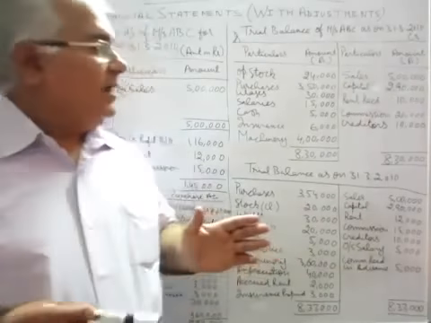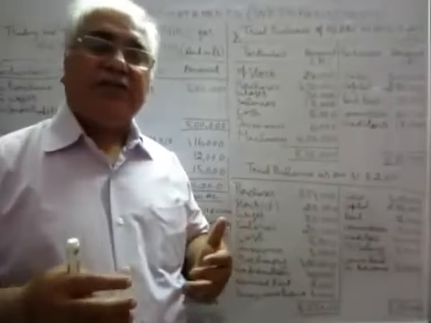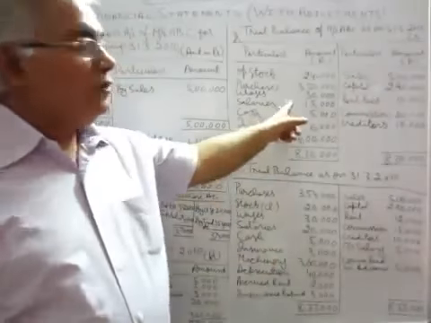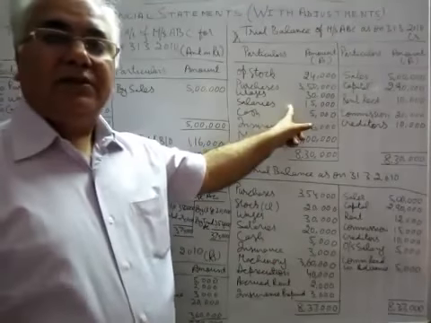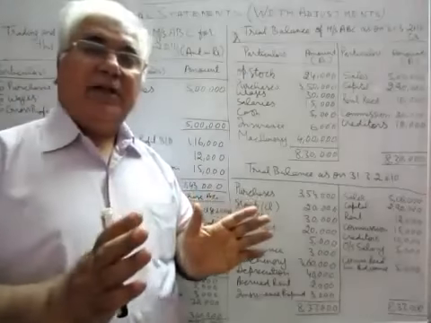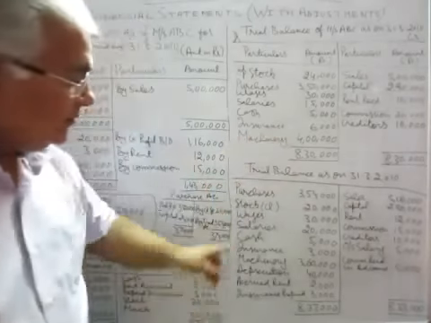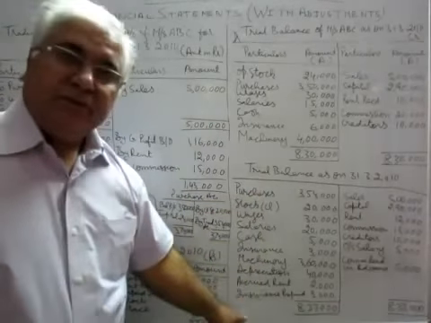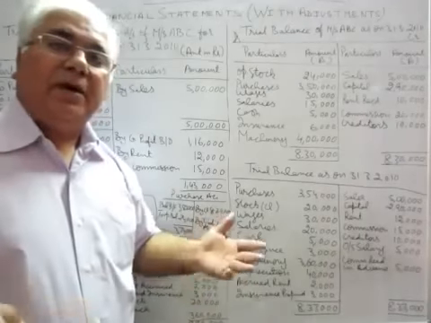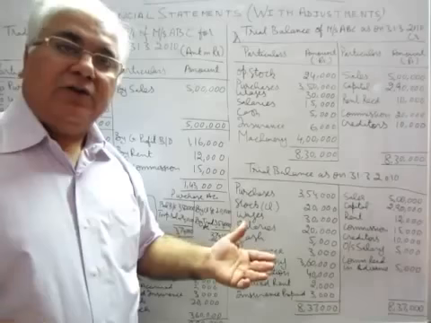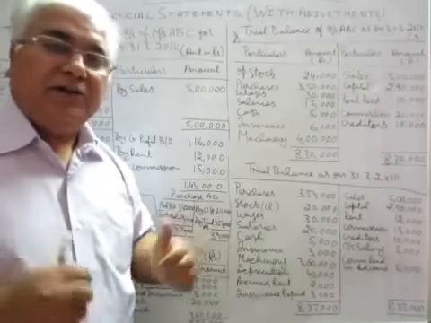If you are provided a trial balance after making all the adjustments, like this is the old trial balance with us and all the journal entries we passed in the last example, after that our trial balance will appear like this. Okay, now how to prepare trading profit and loss account and balance sheet from this, I will explain it to you.